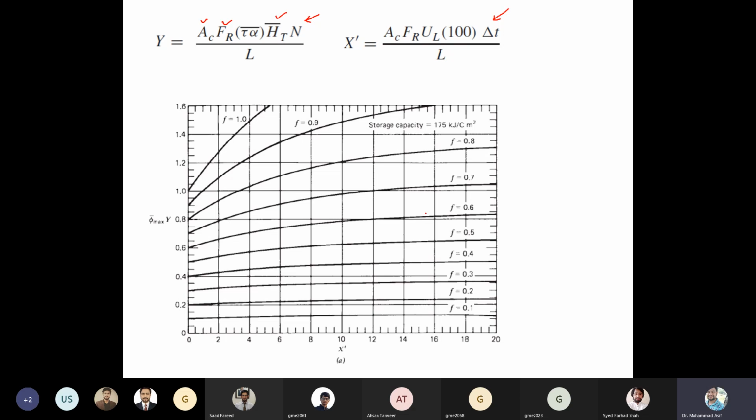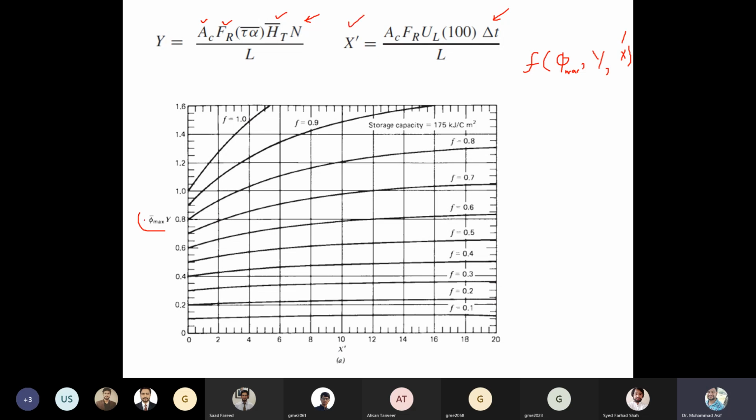Since the solar load fraction is a function of 4 variables, that was phi max, and then we define y, then the X bar. So if you know these parameters, let's say if you know the phi max and the y, you multiply that and you will get one factor, phi max bar. Then you also need the X bar, and X bar you can calculate from this value.